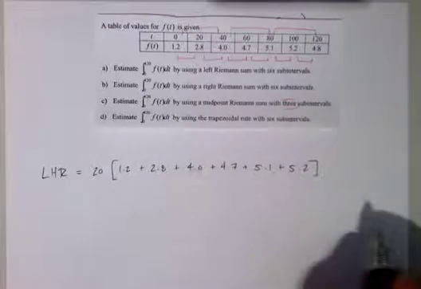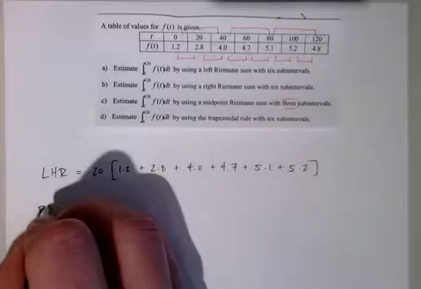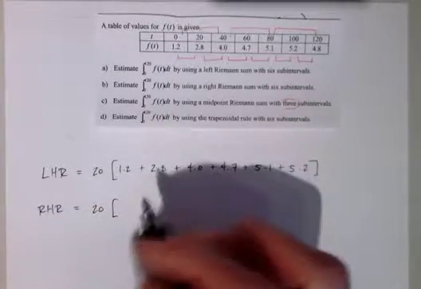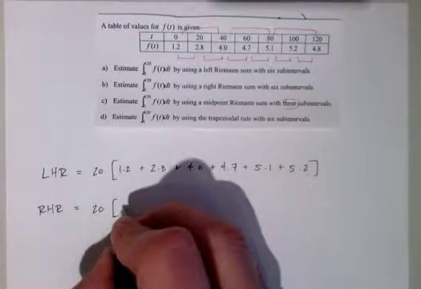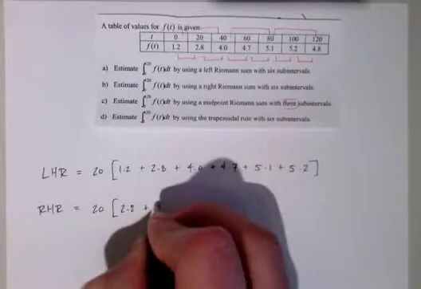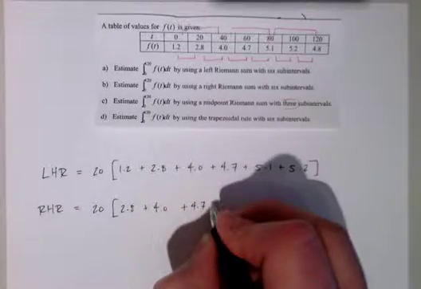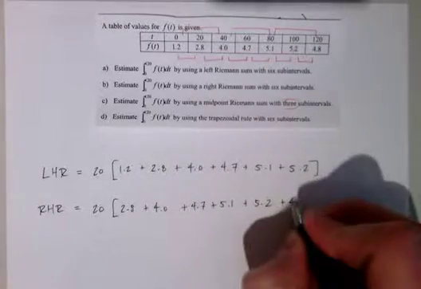And of course you could do that by hand or plug it into your calculator. It really doesn't matter. The right-hand Riemann sum would be similar, except you wouldn't use 1.2 to 5.2, you'd use 2.8 to 4.8. And so you have 2.8 plus 4.0 plus 4.7 plus 5.1 plus 5.2 plus 4.8.